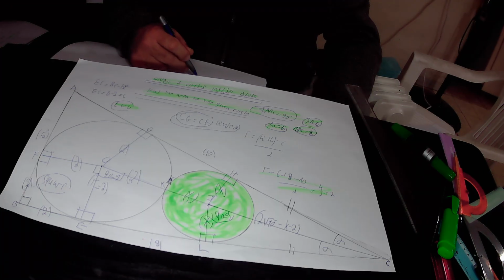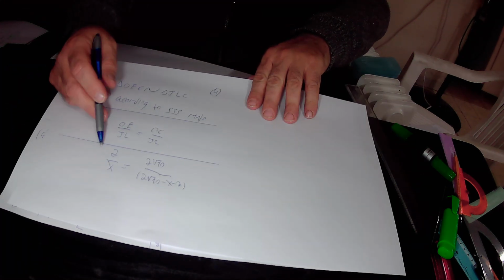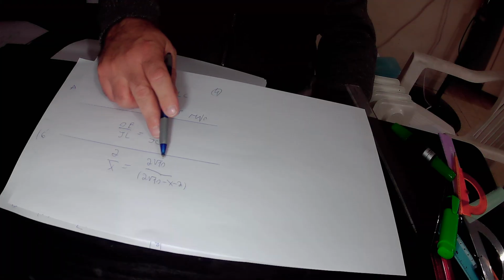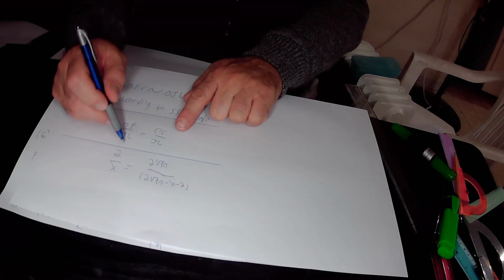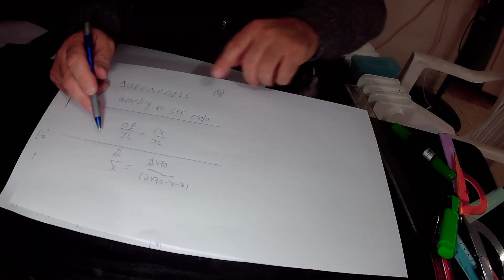So in total, we found out that 2 over x equals 2 times root of 10 over 2 times root of 10 minus x minus 2. Here we have 2 on both sides of this equation, so 2 will get cancelled. In the next step, we cross multiply this equation.